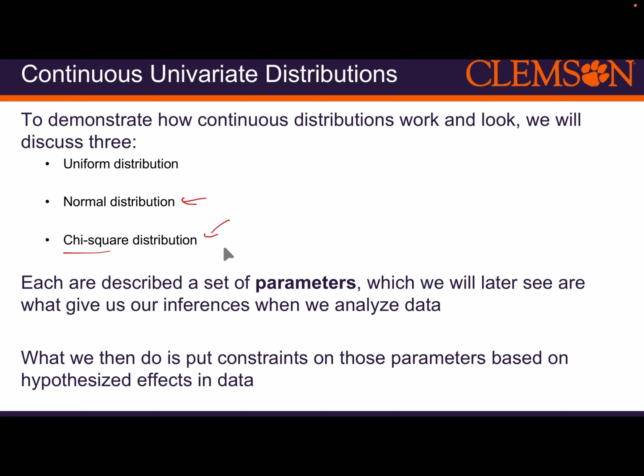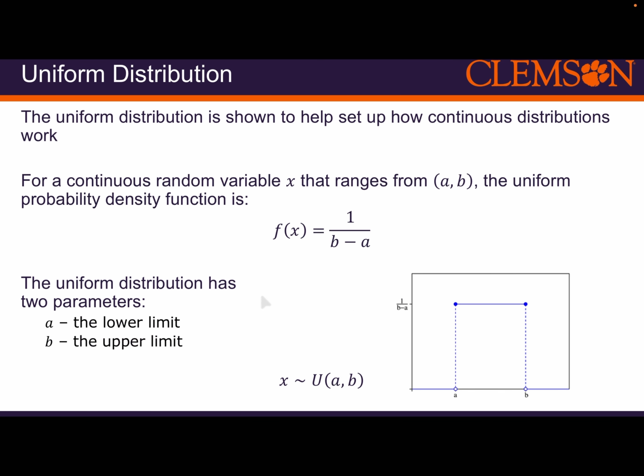So what we often do is put constraints on those parameters based on hypothesized effects in our data. But we'll get into that. It's a little bit more technical right now. For now, I just want you to think there's a distribution, like a uniform. You may not have seen one of those before. It's governed by a PDF, a probability density function, and each PDF has a set of parameters.